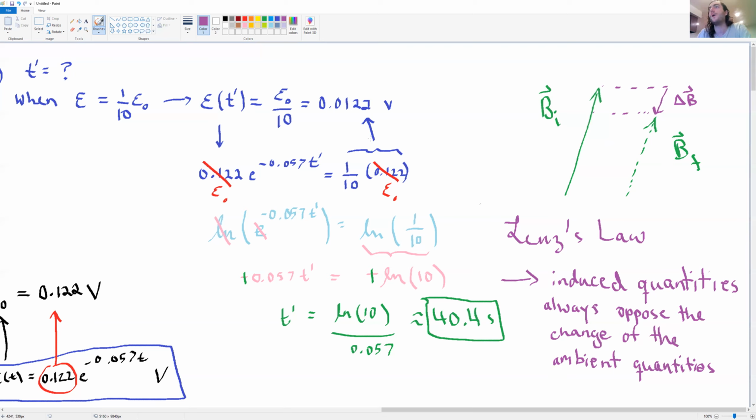So now we identify that this is the direction that we need to determine the induced quantities. So I'm going to put this in bold here if I can. So this is opposite the change. This is minus delta B.